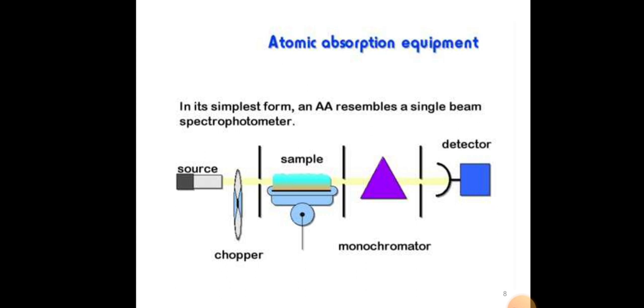In this way, we can measure only the emission of the source lamp and discriminate it from the light or emission of the flame.